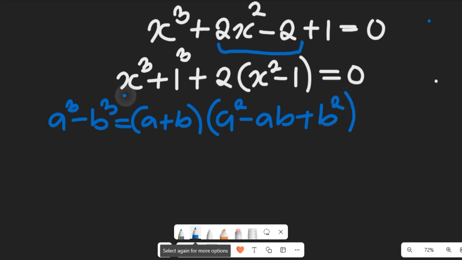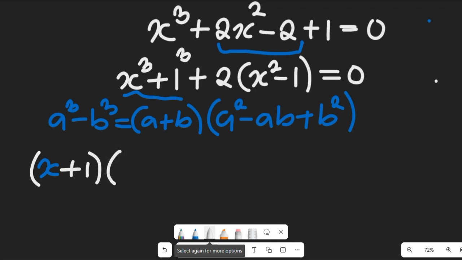So if I apply it over this, I'm going to have that expression give me x plus 1, right, on one side, and then I'll have x squared minus x times 1 is x, plus 1 square is 1, and then I'll have plus 2, right, plus 2.